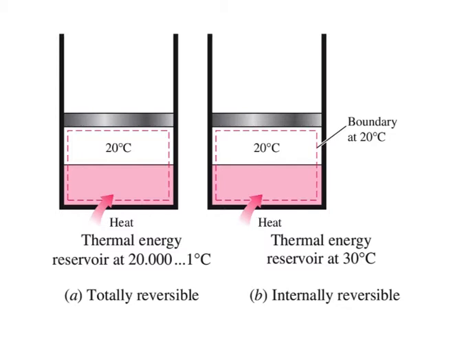The first process shown is externally reversible also, since heat transfer for this process takes place through an infinitesimal temperature difference dT. The second process, however, is extremely irreversible, since it involves heat transfer through a finite temperature difference delta T.